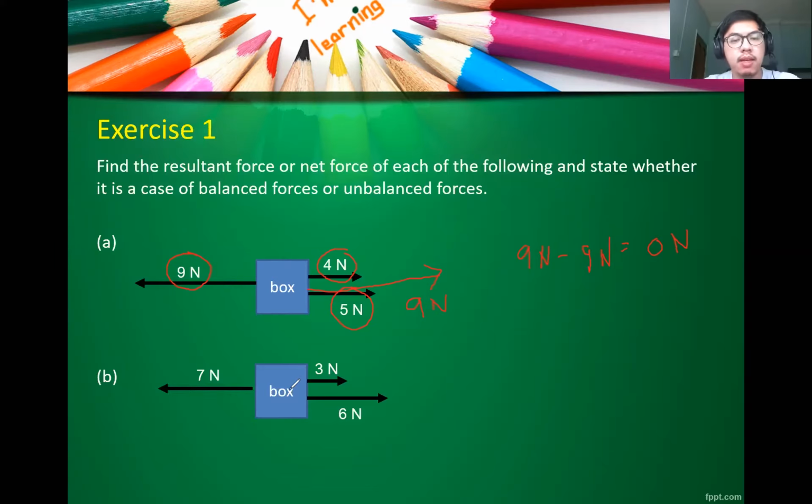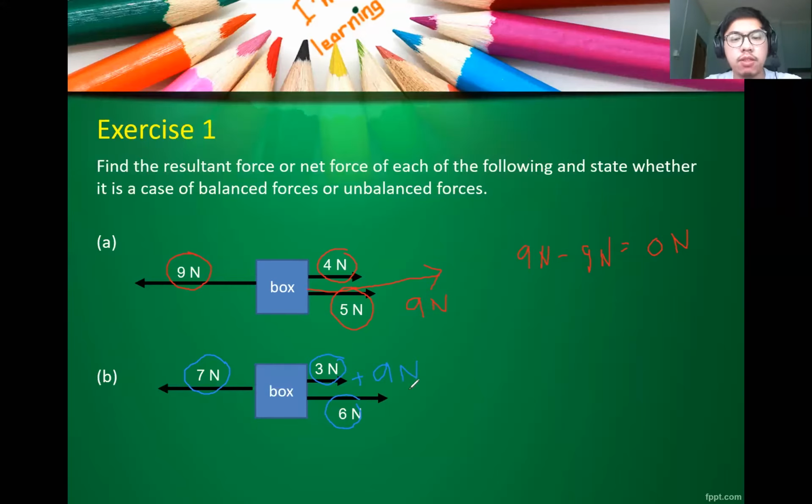For example B, you have 7 Newton on the left side pushing to the left, and then you have 3 Newton pushing to the right, and 6 Newton pushing to the right. If you add these two forces together, that is equivalent to having a 9 Newton force to the right.